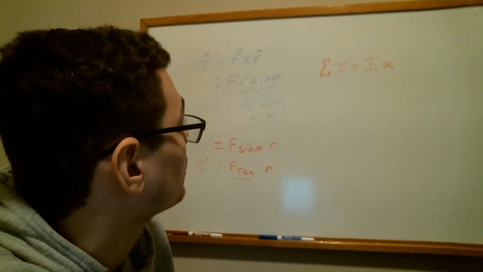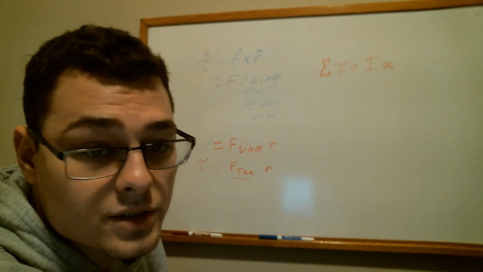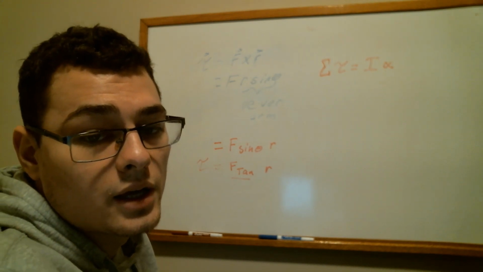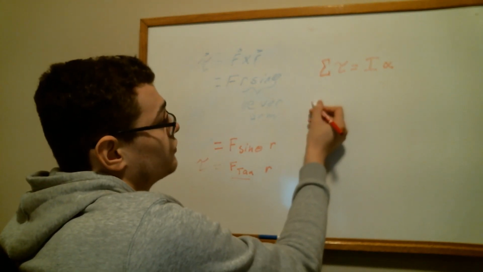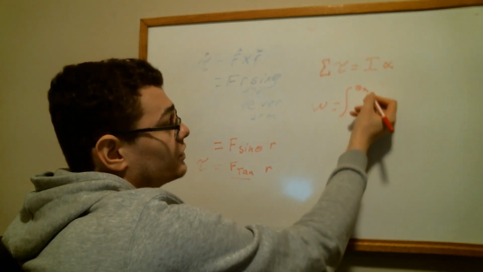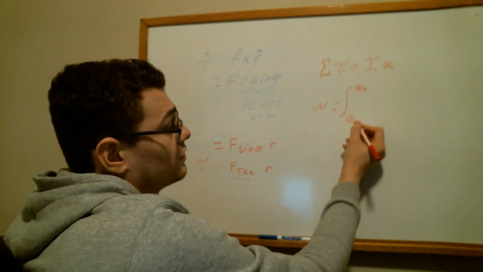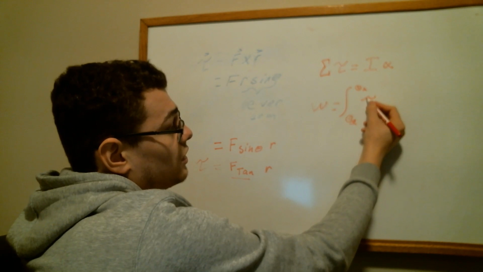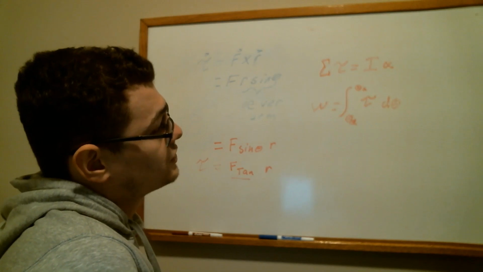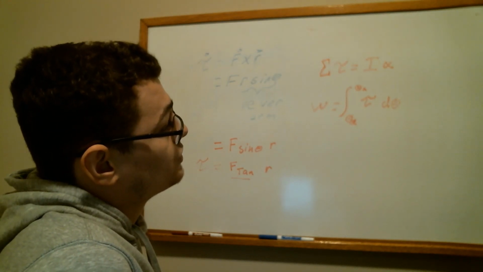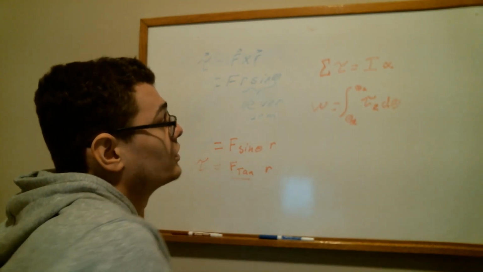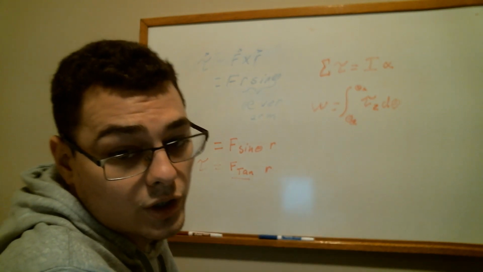Okay, so once we have found our torque, we can go on and talk about the work done by a rotational motion. And usually this is just going to follow the formula that the work done is going to be the integral from theta 1 to theta 2 of the torque times d theta. So what you can do is first find your torque, and then plug it into your work equation here.